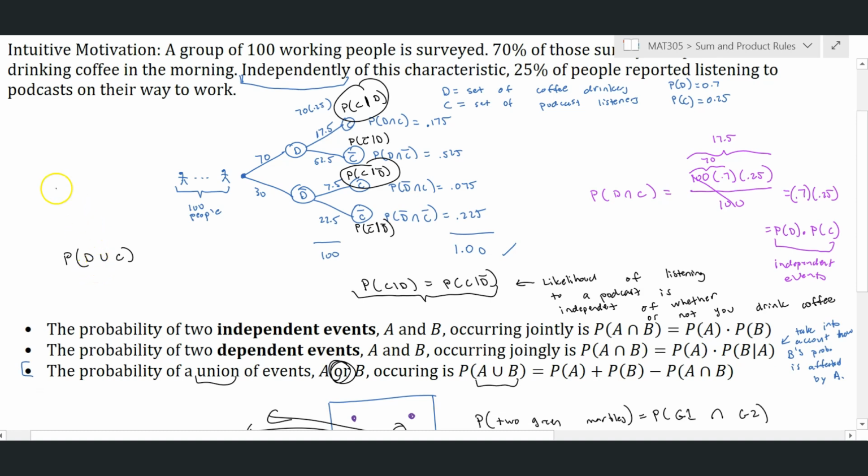That means just D and not C, it means not D and C, and both. So notice that in both these situations, we are doing one or the other, drinking coffee or listening to podcasts.